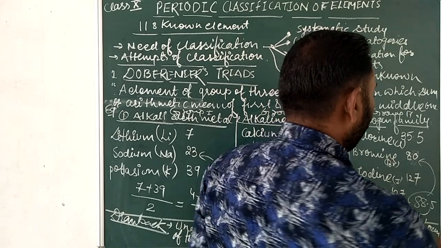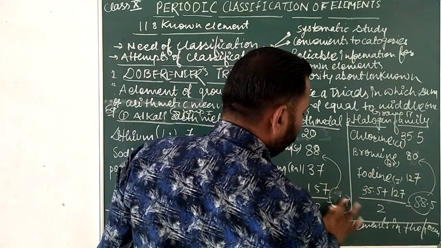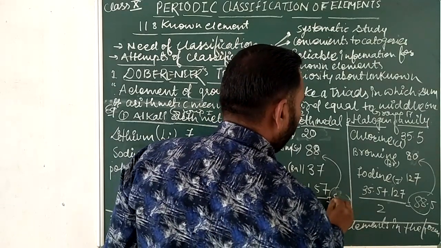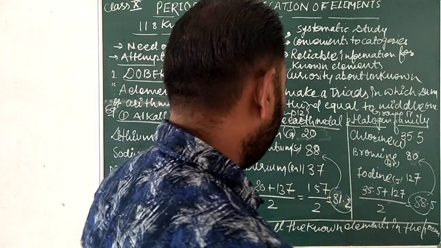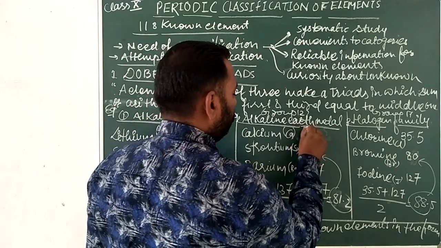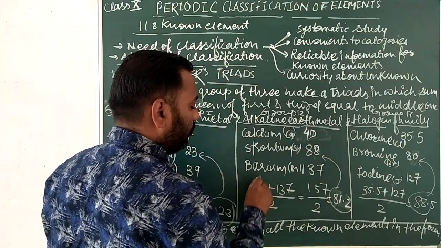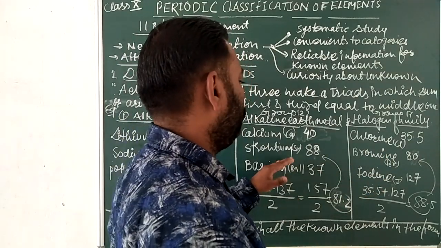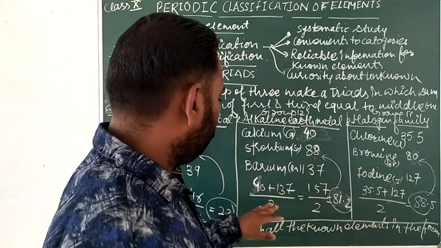Half of this is 80, and when I write here, then it will come 81.2. I hope you are understanding what the mistake is here. And sorry, here also, because the calcium atomic mass is 40 and this one is 40. By mistake I wrote bromine's mass for strontium and strontium's mass for bromine. So now this is correct.